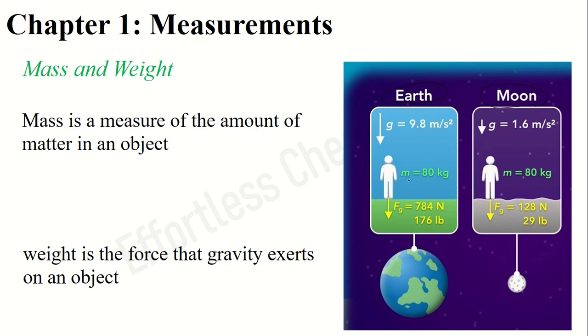As you can see, the mass is constant, always 80 kilograms, while its weight is different and depends on the gravity force. On the surface of the moon, gravity is only 1/6 of the surface of the earth. So, of course, the weight is different, as you can see.